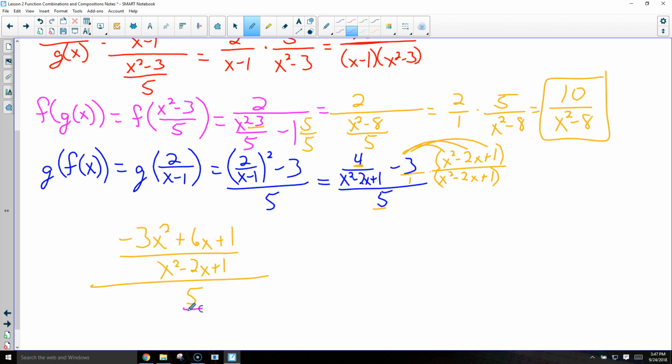That 5 is really 5 over 1, so dividing by a fraction is multiplying by the reciprocal. So if we multiply by 1/5, I end up with negative 3x squared plus 6x plus 1 over, you can distribute it if you want, you could leave it out front if you want, that would be fine, 5x squared minus 10x plus 5.